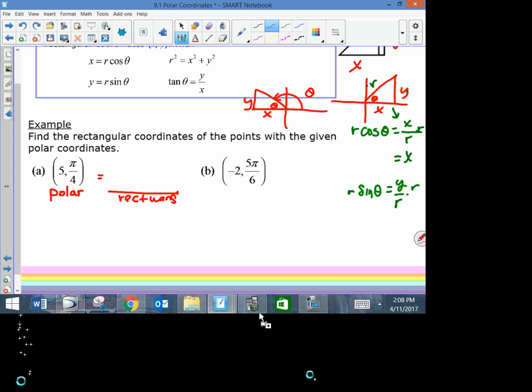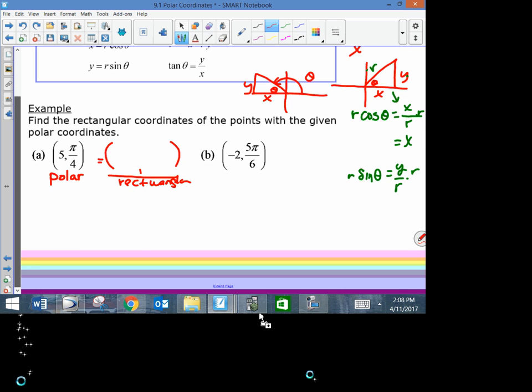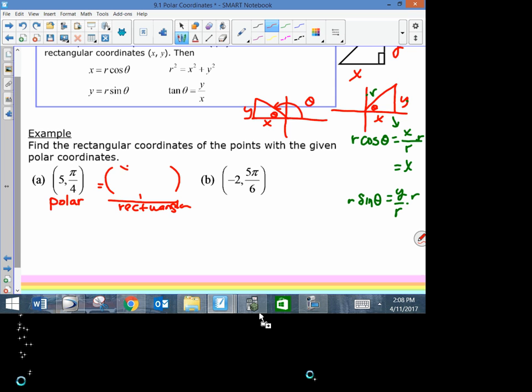And honestly, they still look like an ordered pair. So be careful. They're not going to look much different, except that you don't usually have that pi distance in terms of x and y. Okay, so let's see. We need an x and we need a y. We have an r and a theta.